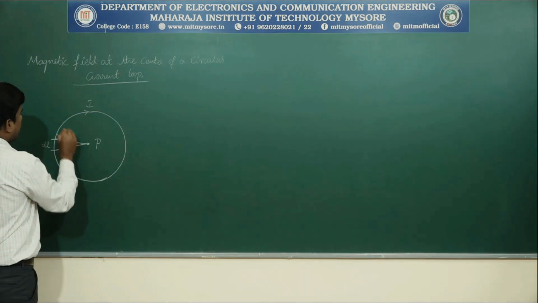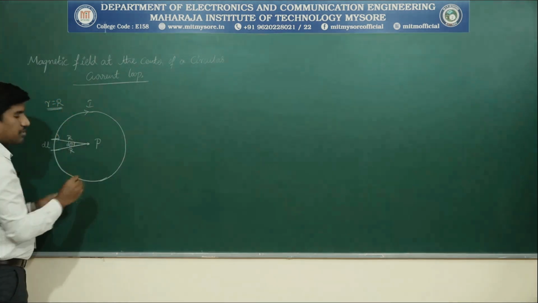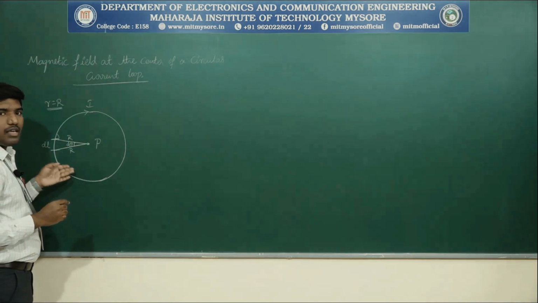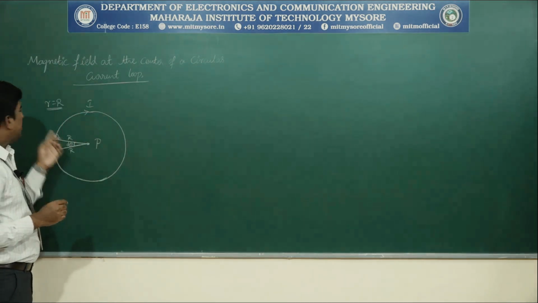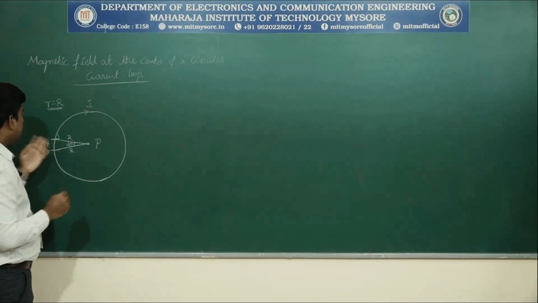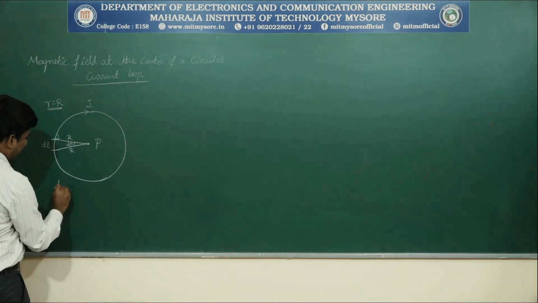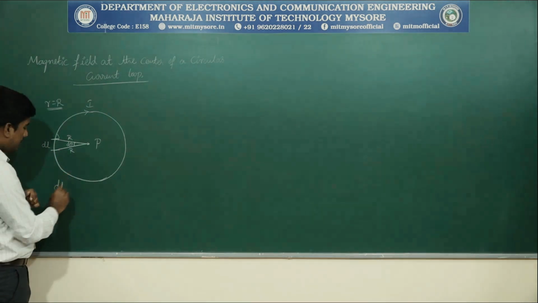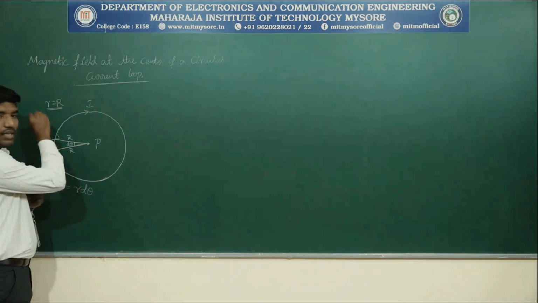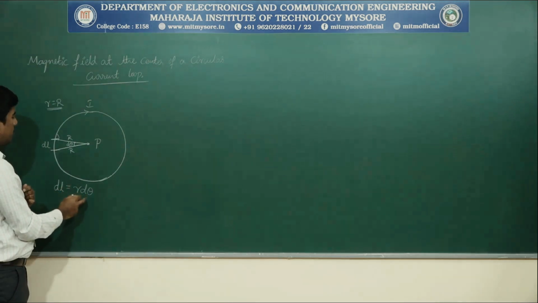Here in this case, small r is equal to capital R because the radius of the circle remains the same at all the points, hence small r and capital R are equal in this particular case. Then dl can be written as r into d theta.